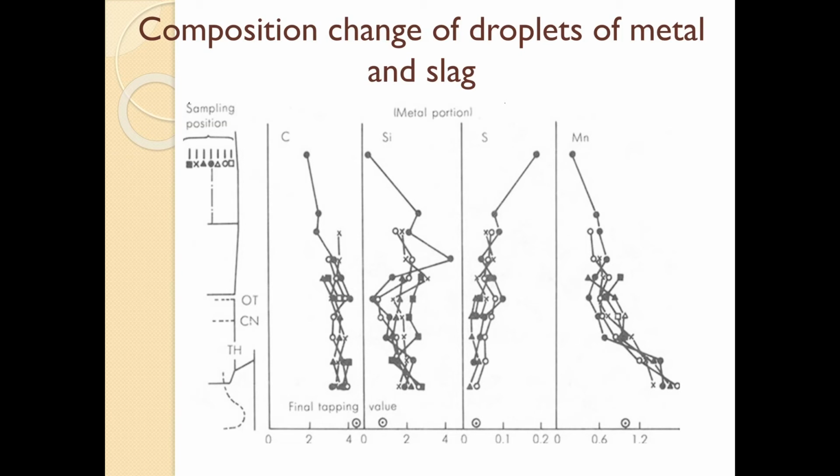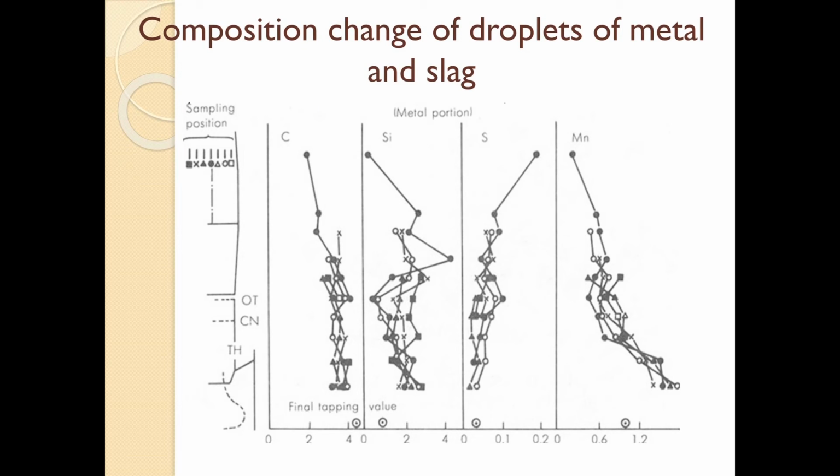Similarly, the silicon pickup is a bit erratic, but mostly silicon pickup becomes quite high in the tuyere and above in the bosh region and belly region, because SiO goes up and is absorbed by the droplets of metal and slag, and the silicon level increases. So, you can see silicon level can go up to 3%, that is very high. So, you need desiliconization.